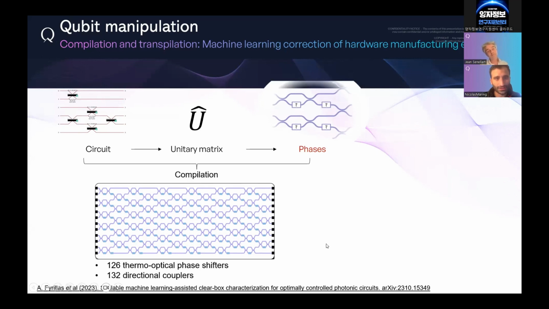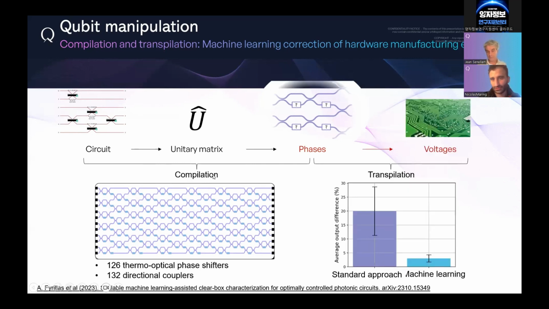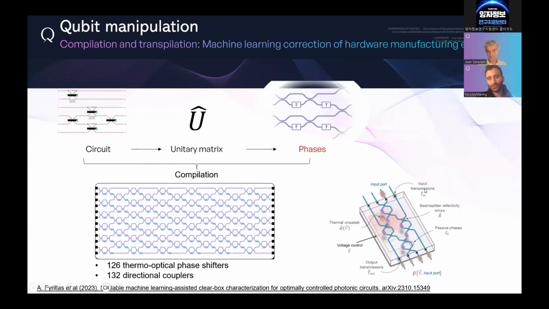Basically, the process from a circuit is that we have the compilation process, where we calculate the set of phases that have to be applied to the interferometer to implement the unitary matrix that is needed by the user. Then we have a transpilation stage in which we go from the set of phases that we want to apply to the actual voltage control. What are the voltages that we need to implement on chip?